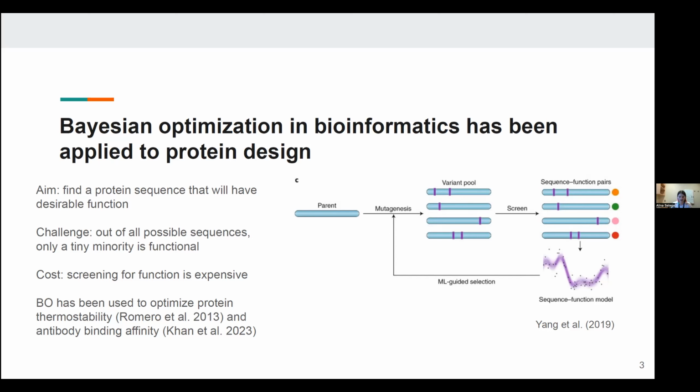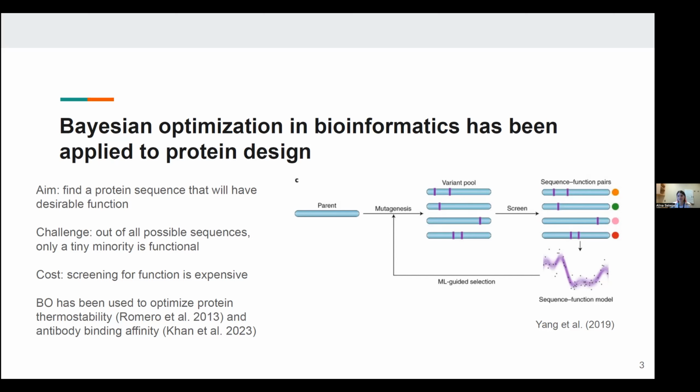Typically, given a protein sequence, it will get synthesized in experimental conditions in a lab. We will make this protein and then perform the screening where we can score the sequence on the function that we want to measure.